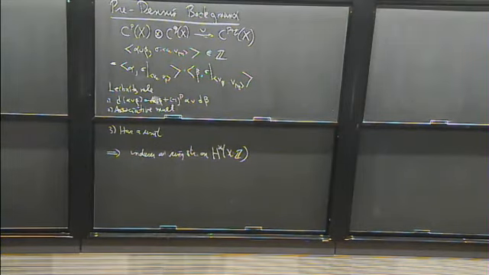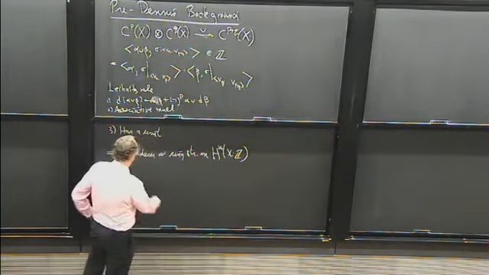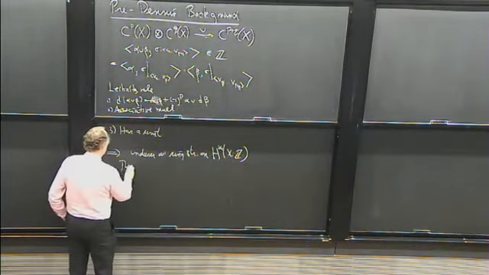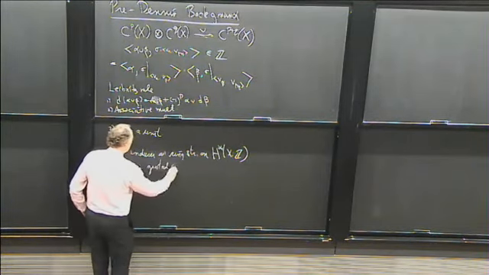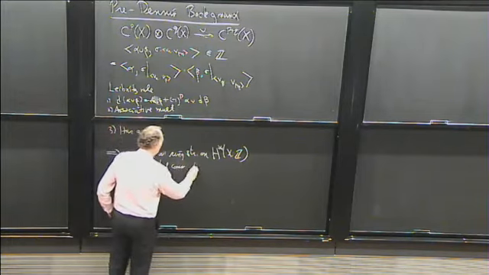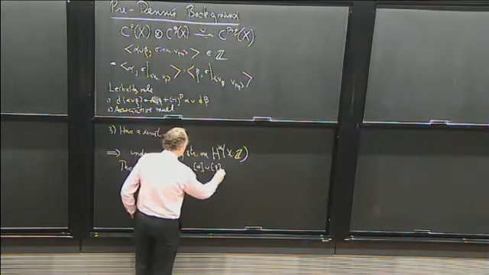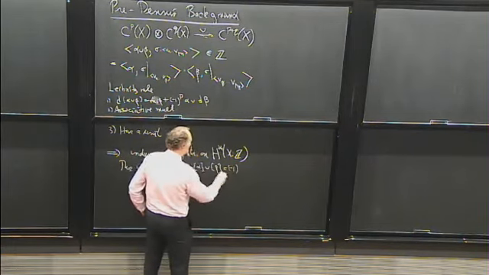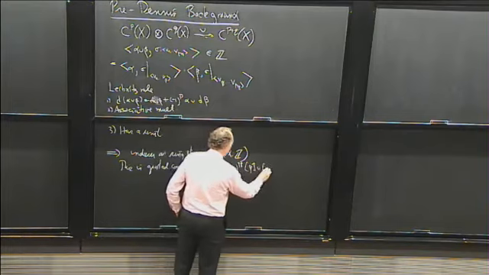What is not clear from this formula is that this ring structure on cohomology is graded commutative. So this is graded commutative in the sense that the class of alpha cup the class of beta is, if alpha and beta are cocycles, minus 1 to the pq class of beta cup class of alpha.